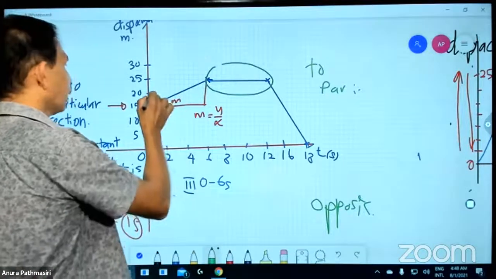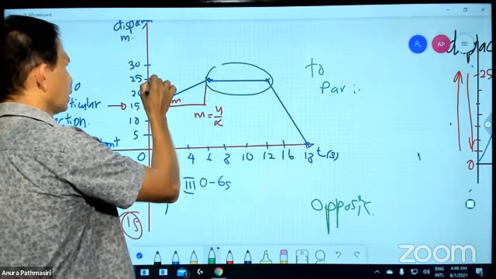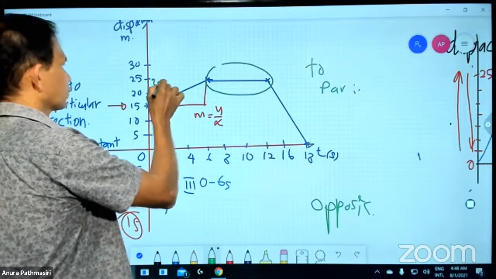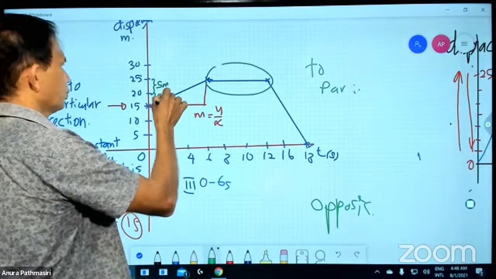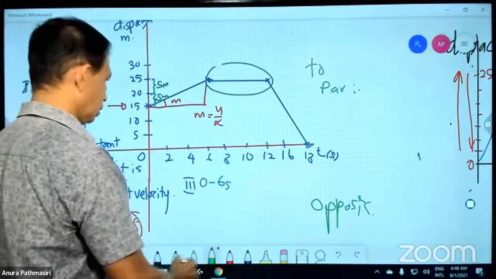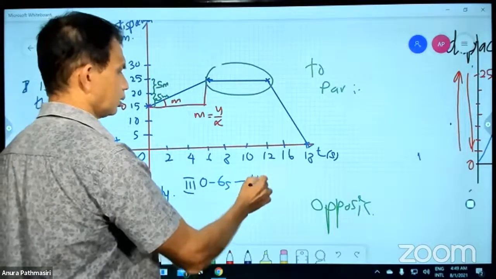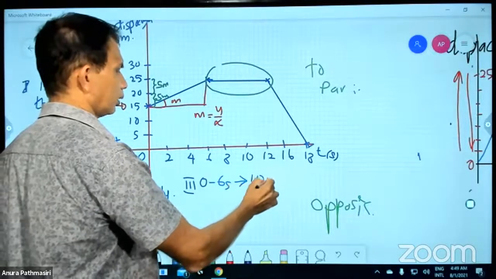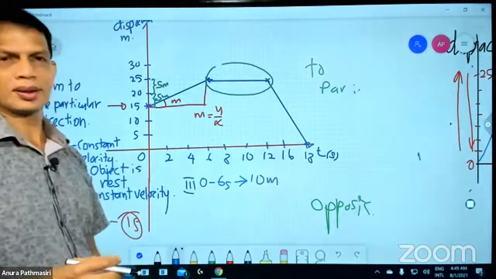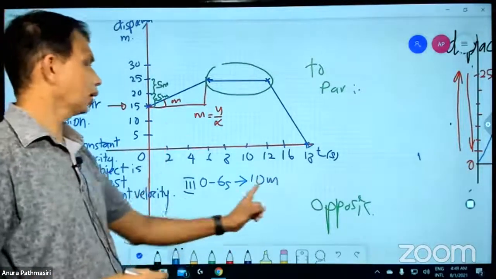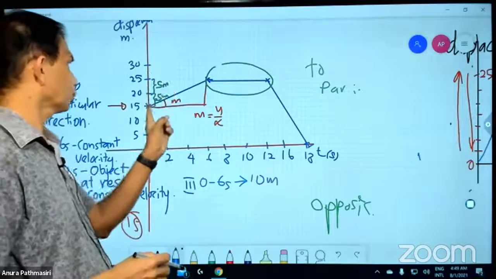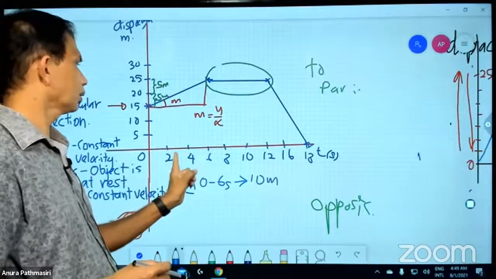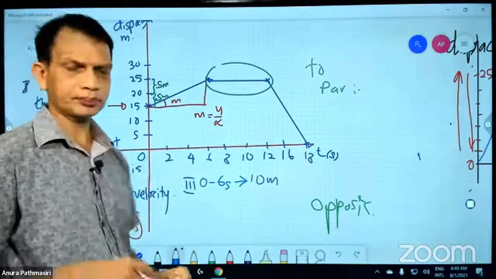It has 5 meters, another 5 meters. So your answer, 10 meters, is correct. The distance it traveled is 10 meters because it moved up within that particular period.